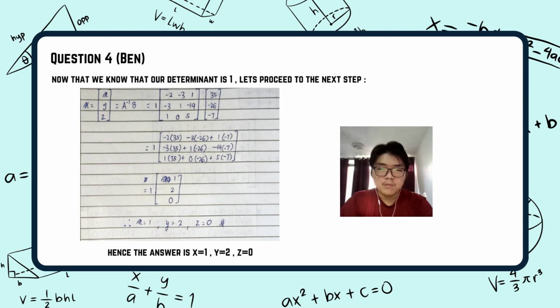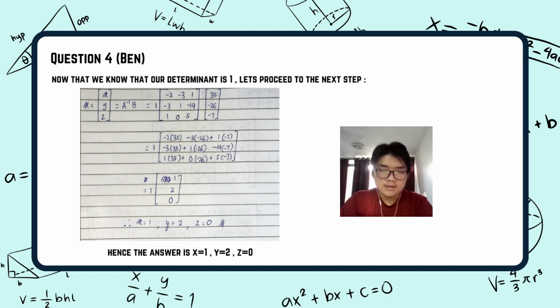Then plus 1, because it is positive, times negative 7. For the second row, negative 3 times 35, then plus 1, because it is positive, times negative 26. Then minus 19 times negative 7. Then for the last row, 1 times 35, plus 0 times negative 26, plus 5 times negative 7.